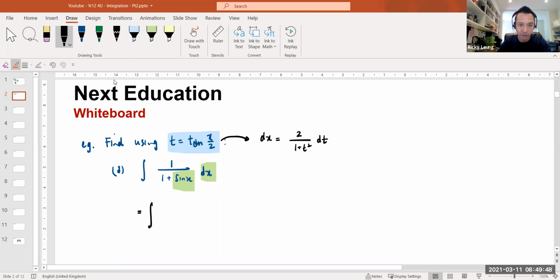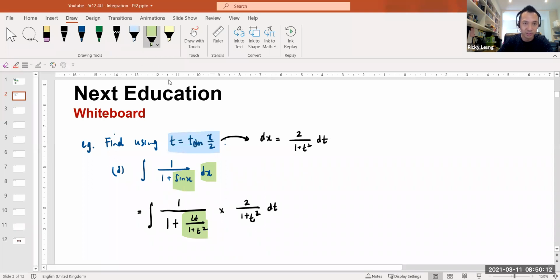In other words, I'm going to transform this expression into an integral question with t as a variable. So 2t over 1 plus t squared, multiplied. That is that sine x there, and this guy over here. It looks a bit nasty, and that's absolutely fine. It'll clean up nicely, I believe. And just to be clear, that dx there is this guy.